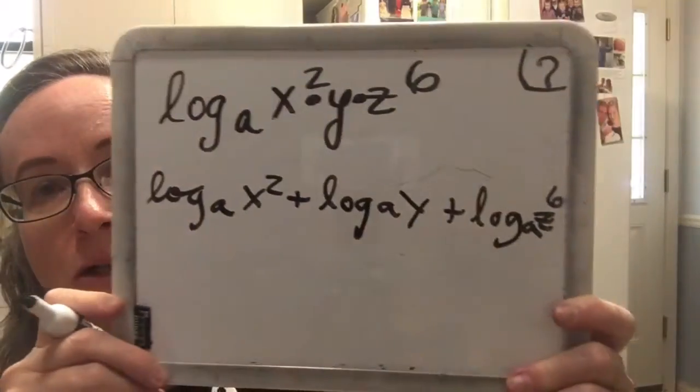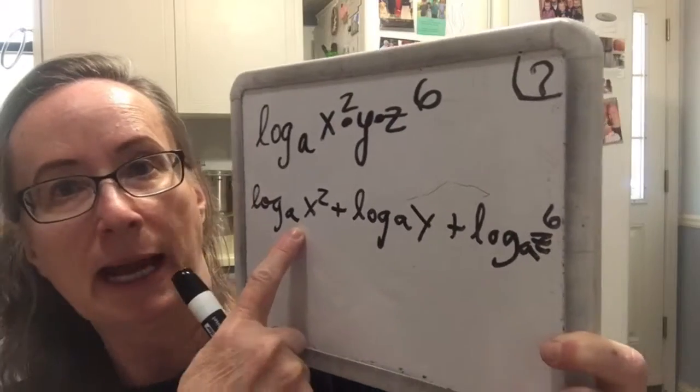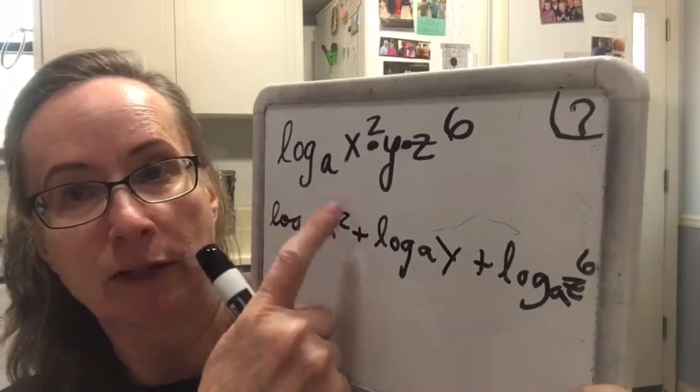So now I'm going to apply my power rule and simplify these that have the square.